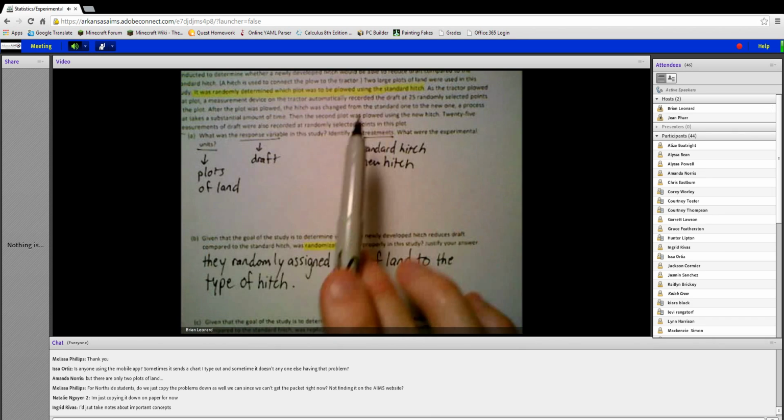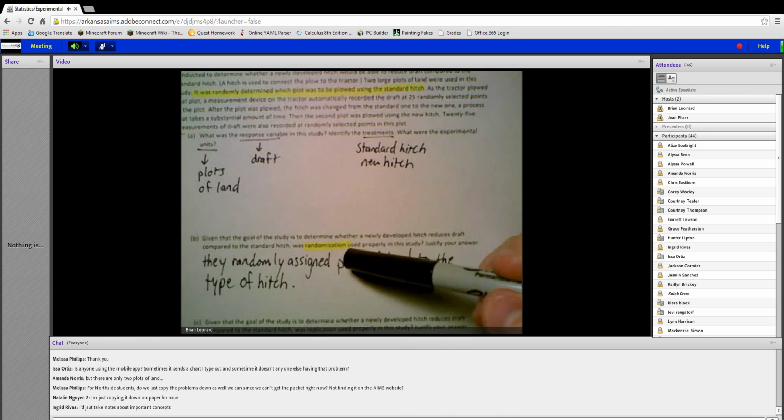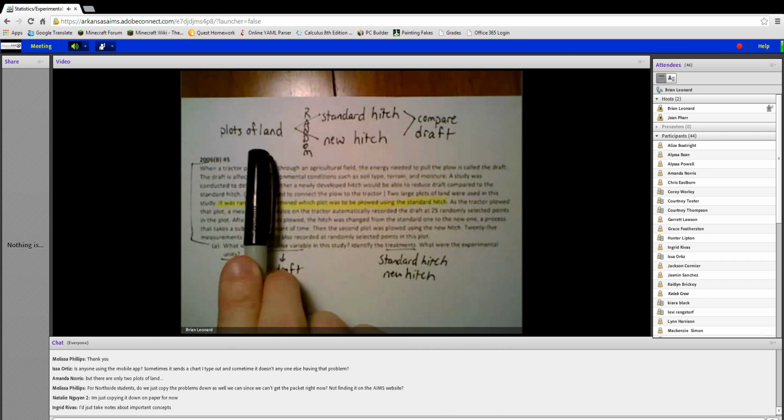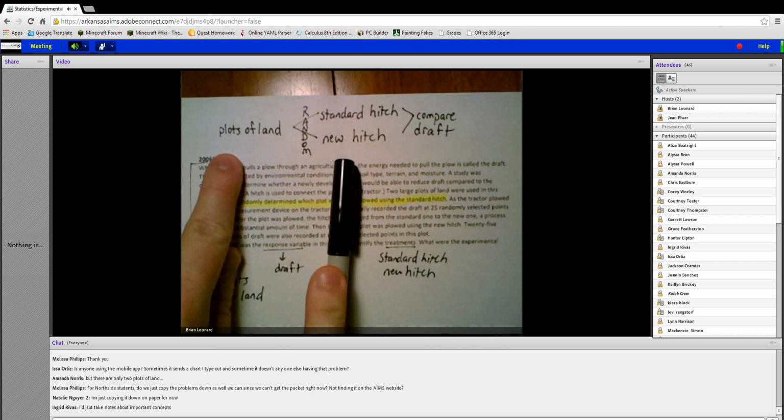Okay, that wasn't even a question. Now, Amanda, your point of there being only 2 plots of land, there are only 2 plots of land, and obviously that's not a good experiment. It's a terrible design, but it does apply randomization. They randomly assigned those two plots to the hitches.